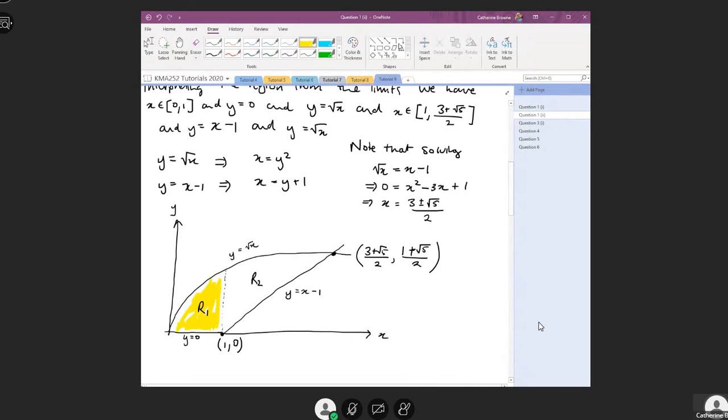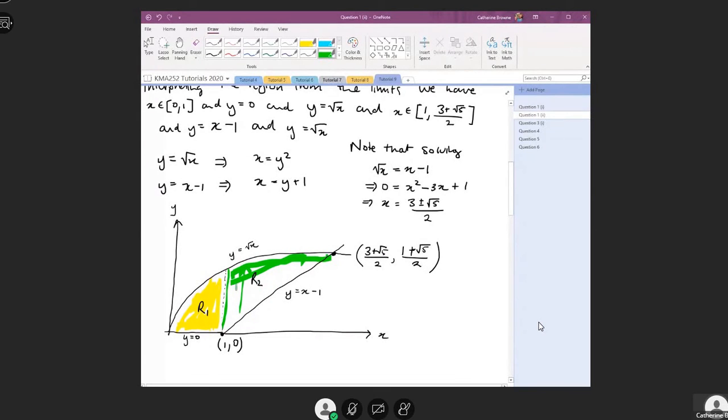But our region 2 is no longer bounded by y equals 0. It's bounded by this linear line here, y equals x minus 1. And so we integrate from that to y equals the square root of x. And x is integrating from 1 here all the way to this number here, 3 plus square root of 5 all over 2. So that's your region 2.